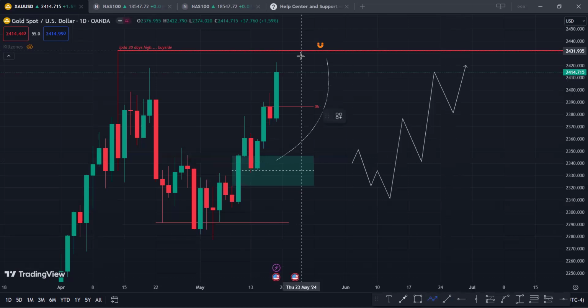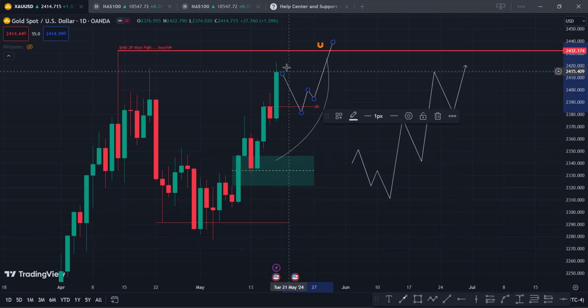This is my expectation, to see the market retracing back a bit and then going for this buy side liquidity. And the market can just open and decide to take this buy side liquidity, but this is where I would be more interested in taking position when the market finally come back to this order block.